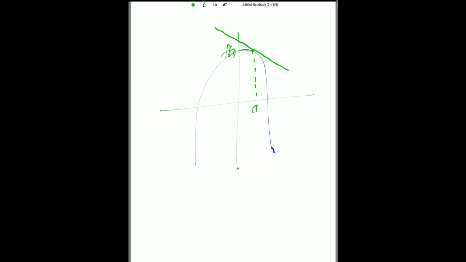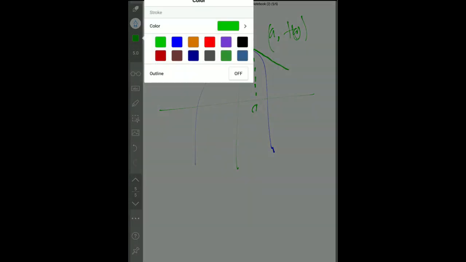Now, we have a little complication here because we want to find the gradient of this tangent, because it tells us the gradient of the curve at this point. Sadly, we only know the point a, f of a. But in order to find the gradient of a line, as we saw before, we need 2 points on the line. So we're going to do a little bit of manipulation.